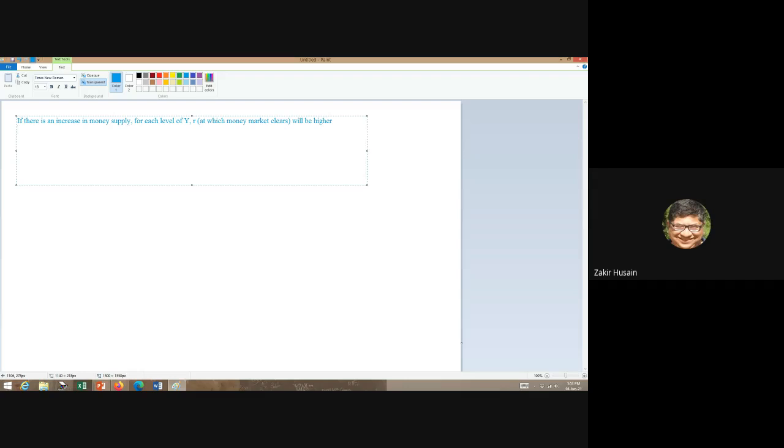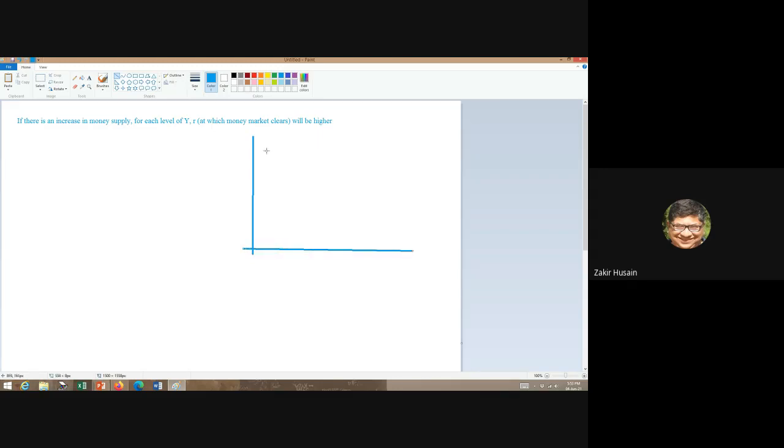Okay. So what we are seeing is that for every level of Y, the LM curve will be different. So suppose this is the LM curve for the first level of money supply.